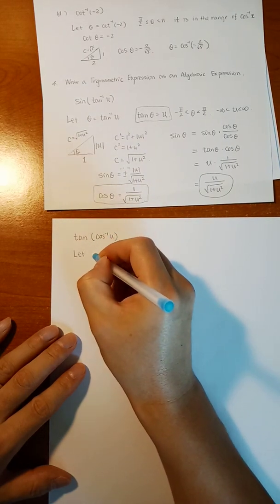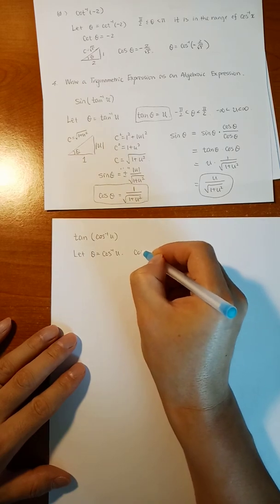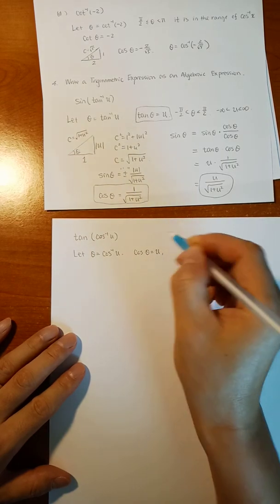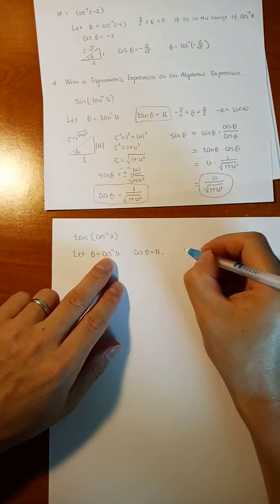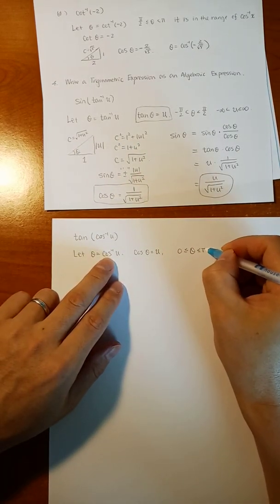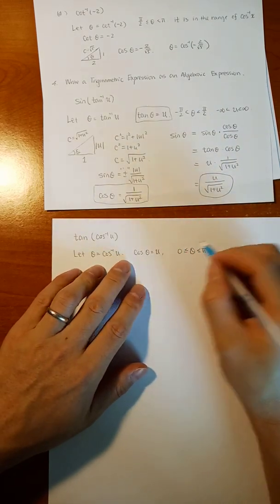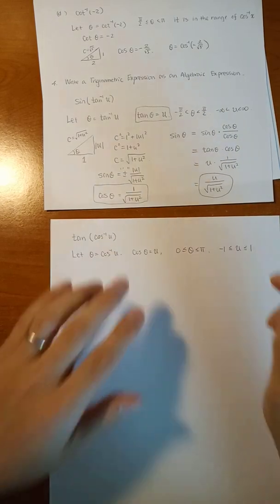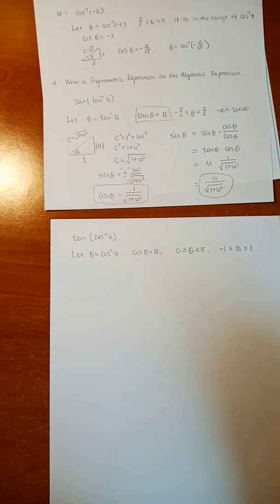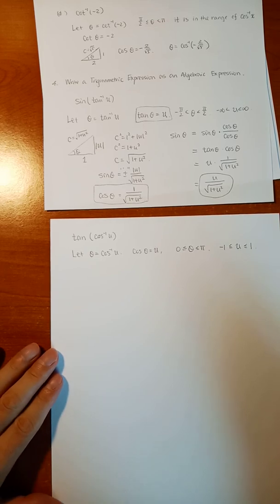Let theta be cosine inverse of u, then cosine theta is equal to u, and theta, cosine inverse is between 0 and pi, and u is between -1 and +1.